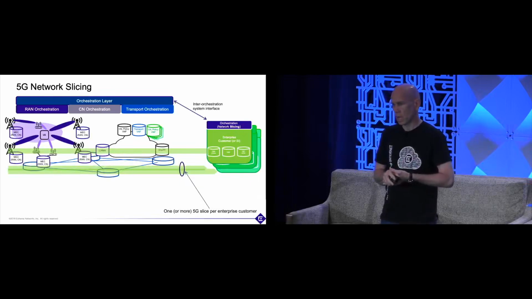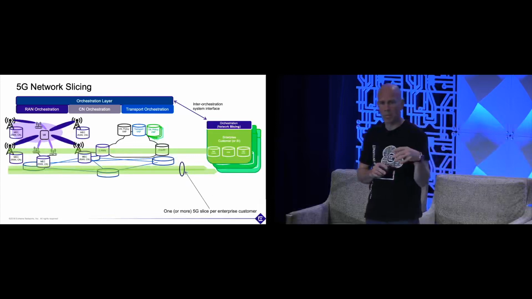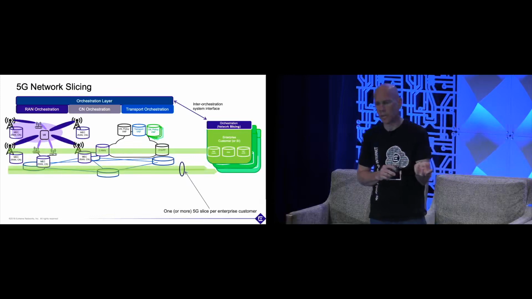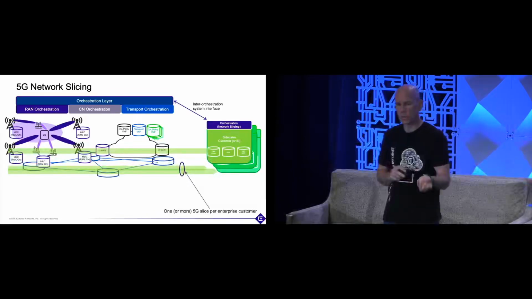And then the question becomes, okay, if we talk about a huge amount of micro data centers, how am I going to actually orchestrate and automate all of this stuff? So I have different APIs for that, which basically means that you start to look at APIs for orchestrating all of this.